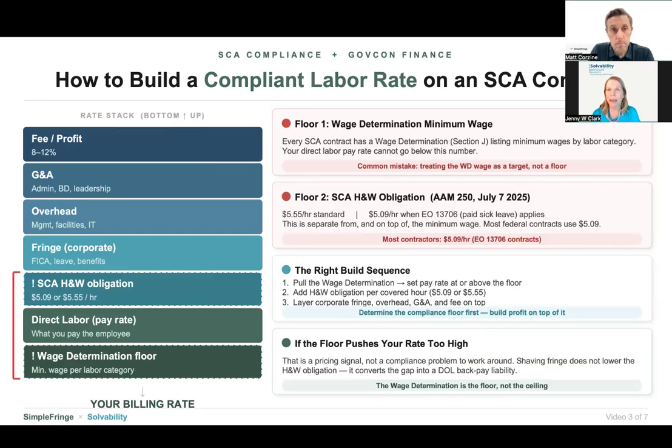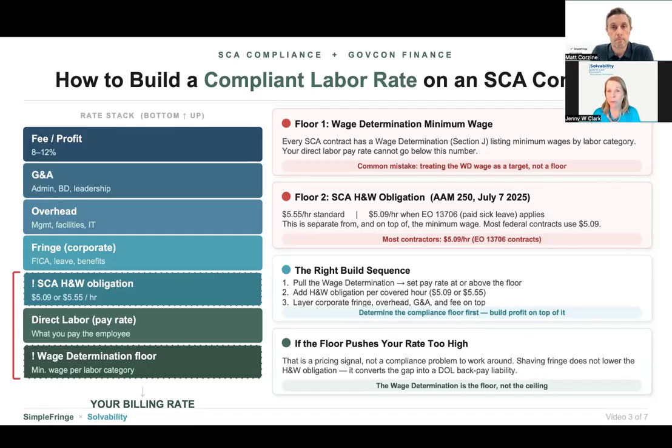So every company has a fringe benefit package for what they consider their corporate employees. And what they have to be able to show is that we're paying the employee that is an SCA employee a combination of either the cash in lieu, the $5.09, or we're applying some of that money toward their fringe.